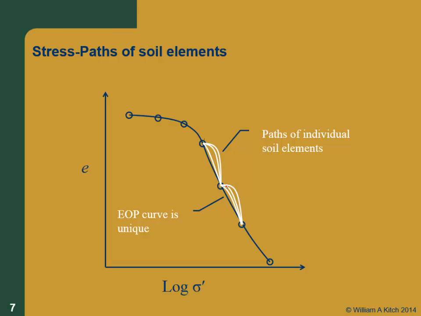The only unique E log P curve is the end of primary E log P curve, and I'll show you that here. The paths they follow are going to depend on the loading conditions and the drainage that they undergo.